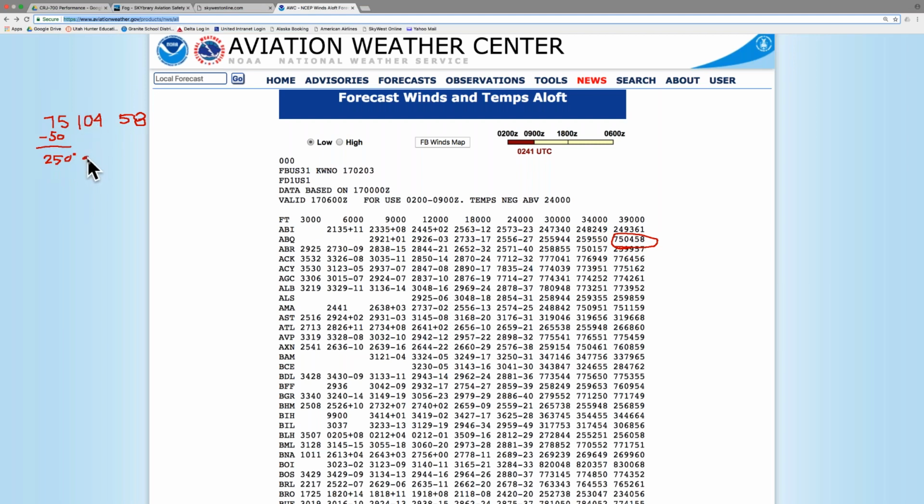So our wind speed and direction, 250 degrees at 104 knots. Did everybody see what I just did there? What happens to our temperature at 39,000 feet? It changes to a negative. We assume that it's a negative. So our temperature would be a negative 58.